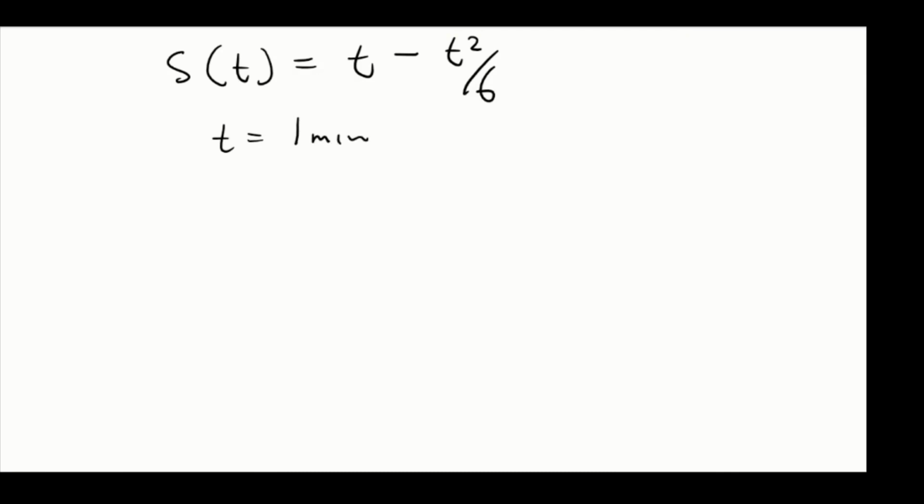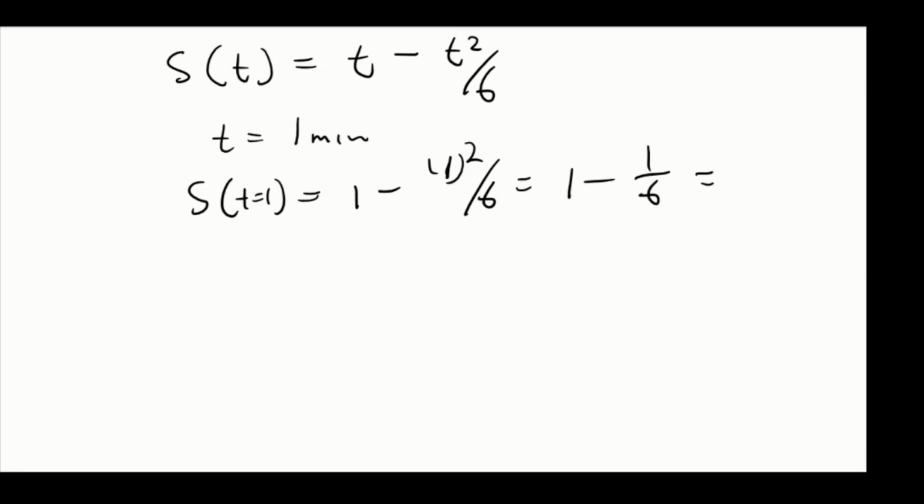So what is the distance? We're going to substitute that. So s of t is equal to 1 minus 1 squared over 6, which is equal to 1 minus 1 over 6, giving us 5 over 6 kilometers. So that is the distance, which approximates to 0.833 kilometers.